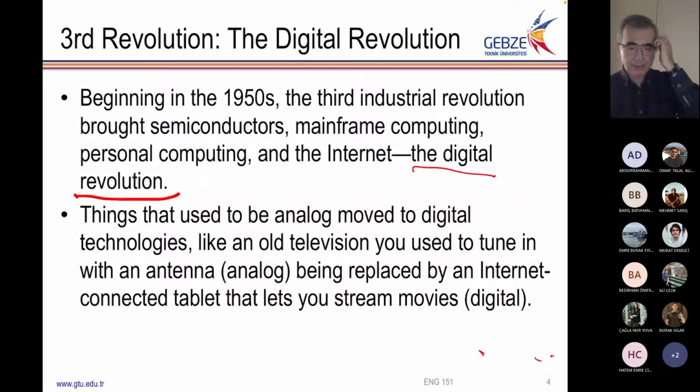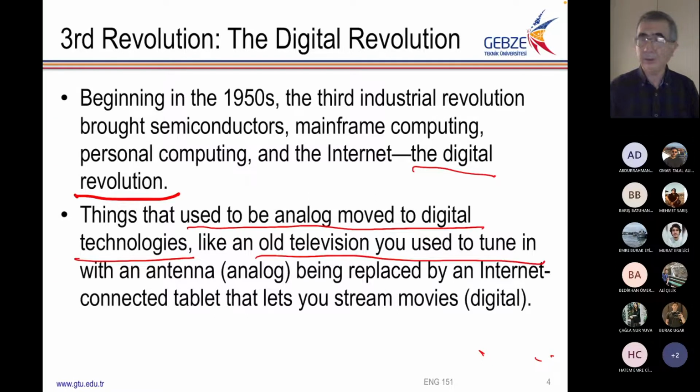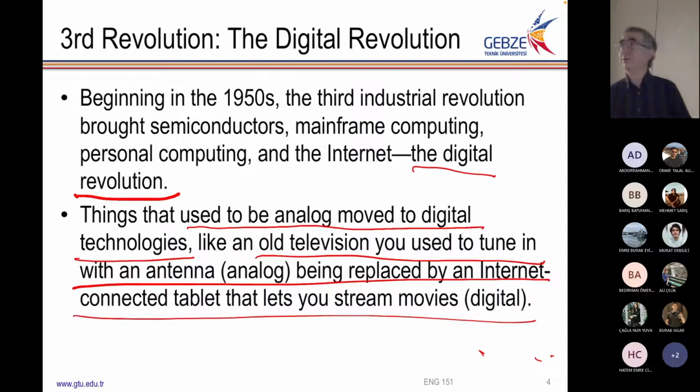With the Third Industrial Revolution, things that used to be analog moved to digital technologies, like the old analog television moving to digital television, internet connected tablets and streaming movies. So that is also the Third Industrial Revolution. So digitization.